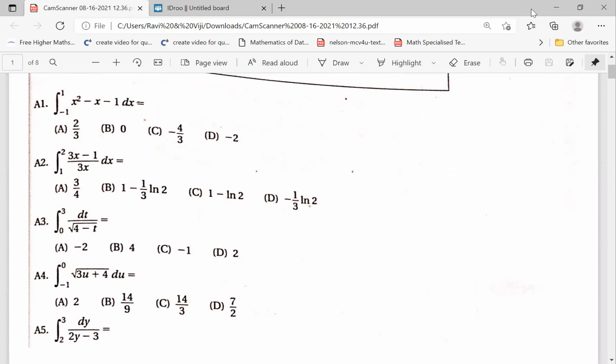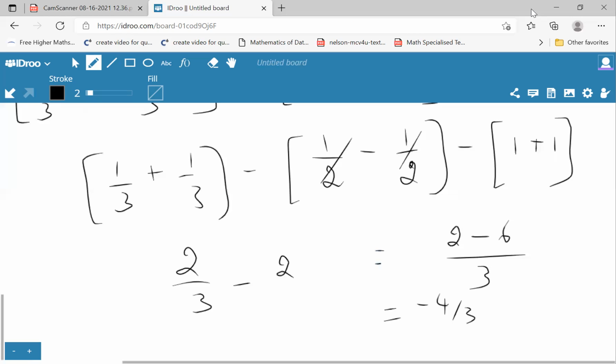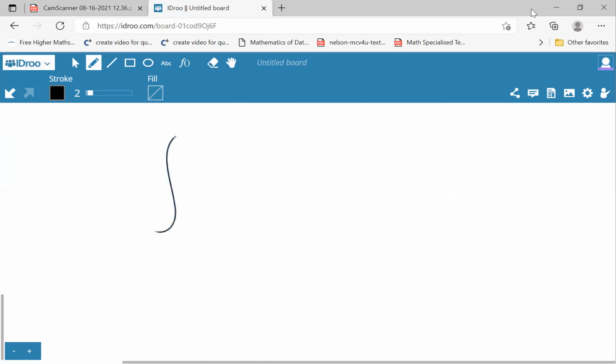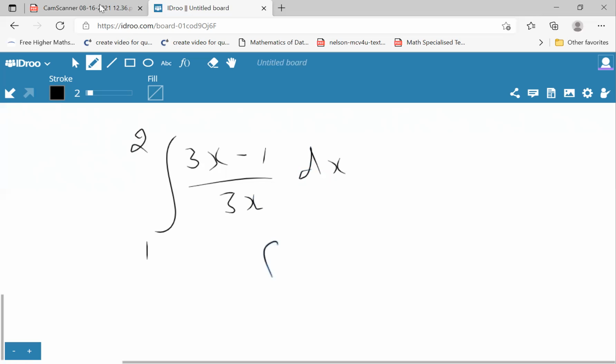Second question, integration of 1 to 2, 3x minus 1 by 3x dx. Now let's separate this.